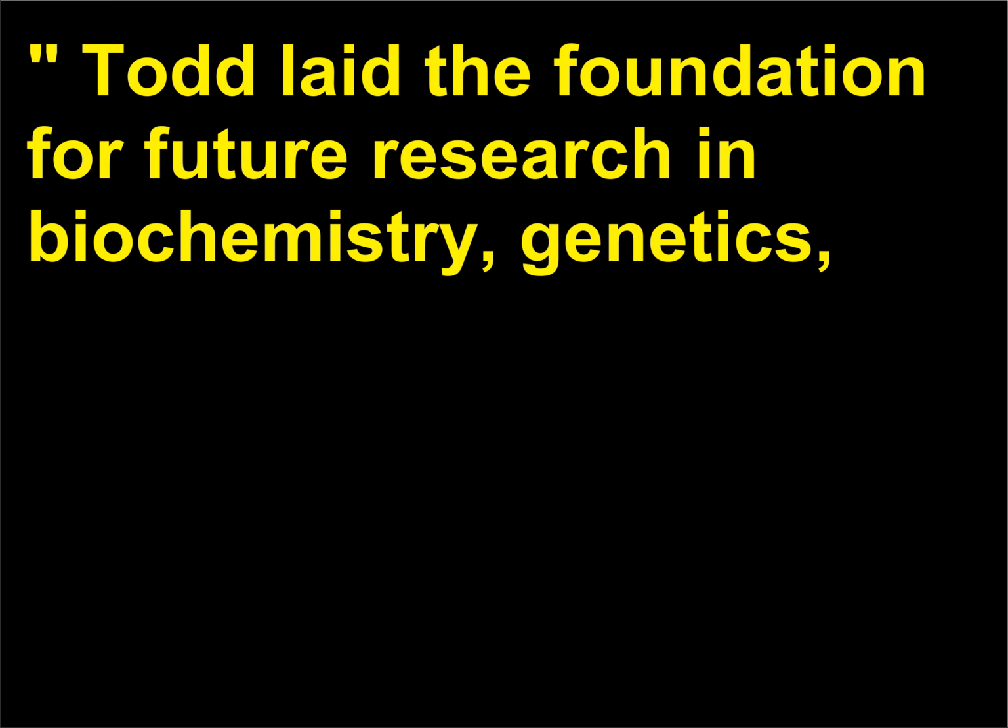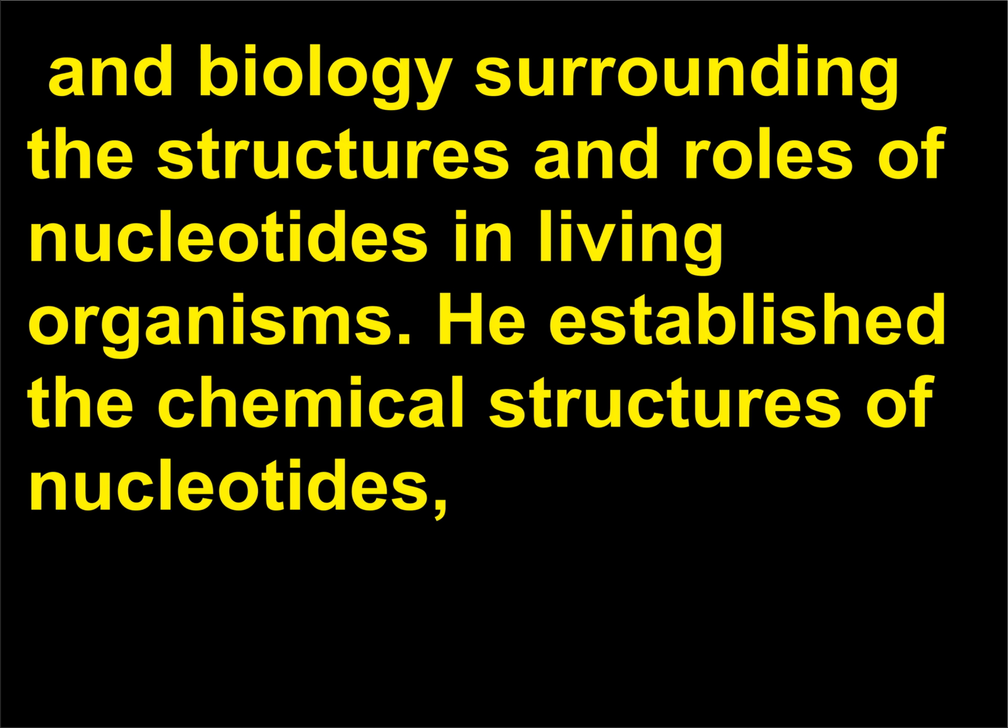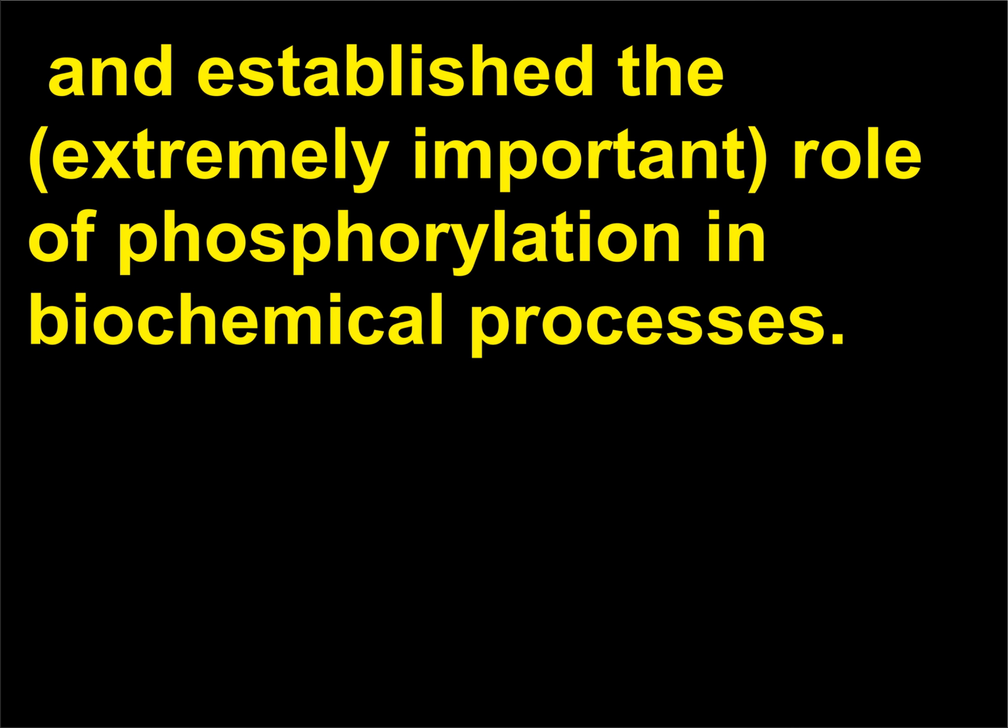Todd laid the foundation for future research in biochemistry, genetics, and biology surrounding the structures and roles of nucleotides in living organisms. He established the chemical structures of nucleotides and established the extremely important role of phosphorylation in biochemical processes.